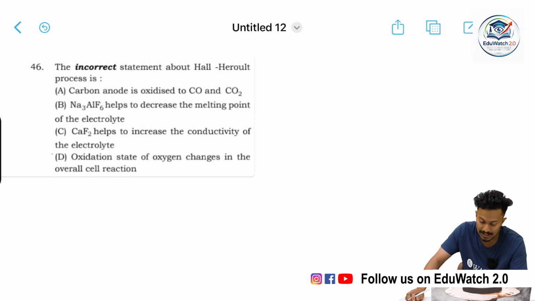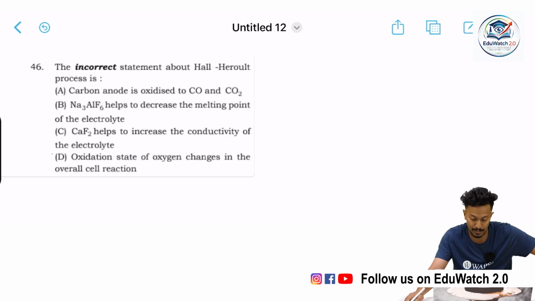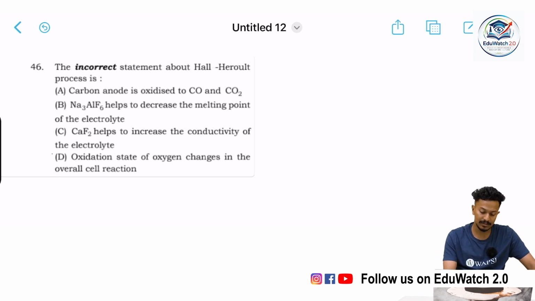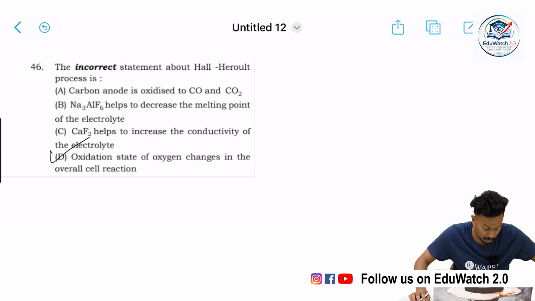CaF2 helps to increase the conductivity of the electrolyte. Oxidation state of oxygen changes in the overall cell reaction. That's where we must be careful, because the oxidation state of oxygen does not change in the overall cell reaction, it remains the same. So D is the incorrect statement about the Hall-Héroult process.